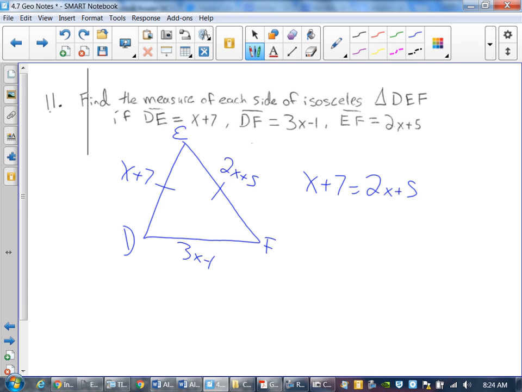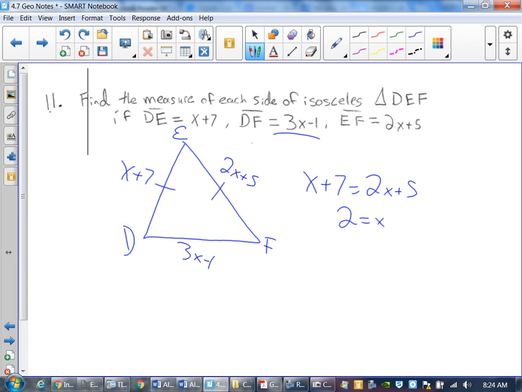Subtract x, subtract 5, you get x is 2. Yes, sir? What's DF's? 3x minus 1. Come on, you can't figure out my chicken scratch? I wasn't sure if it was an unfinished 4 or not. So if x is 2, all you do now is substitute back in to make sure everything works.